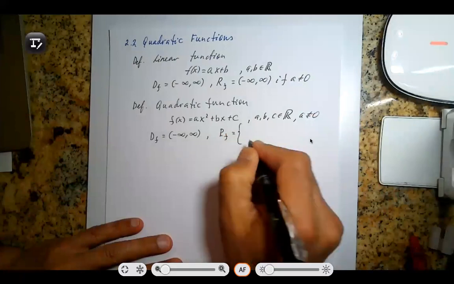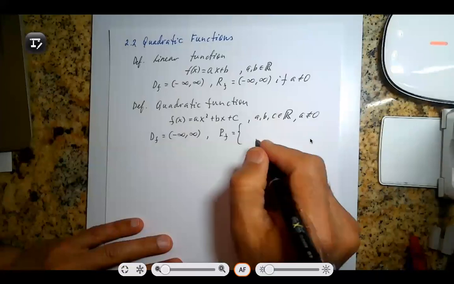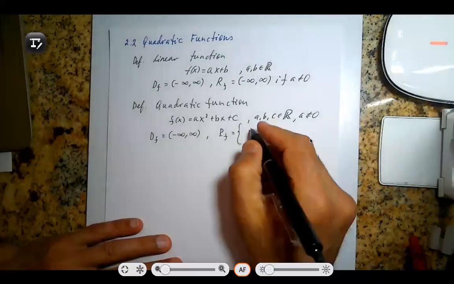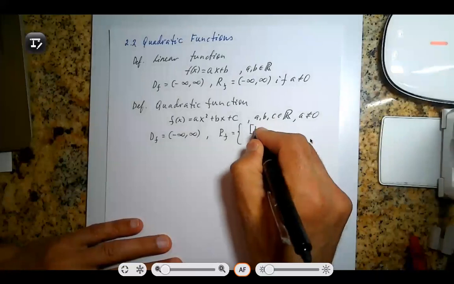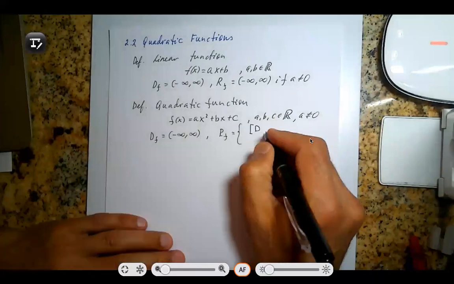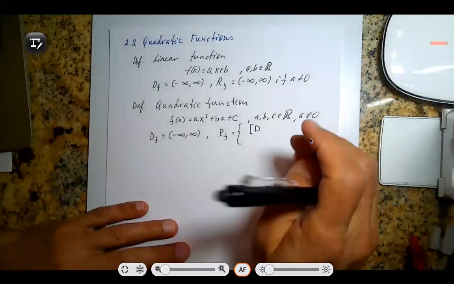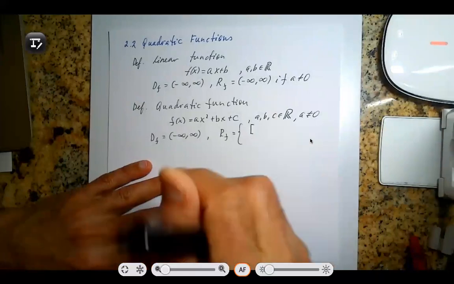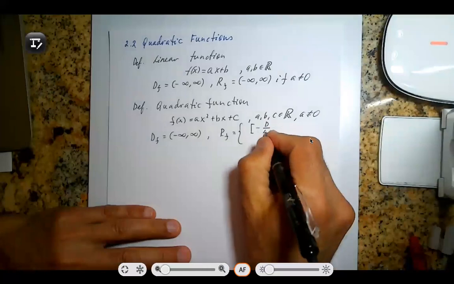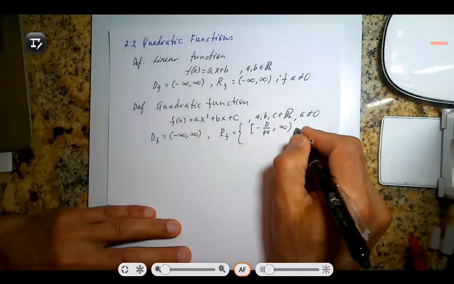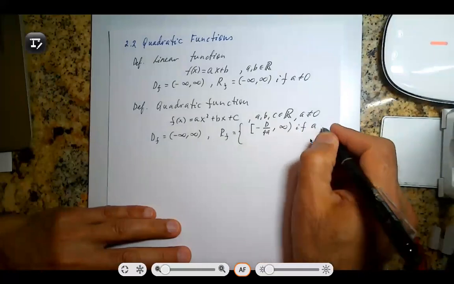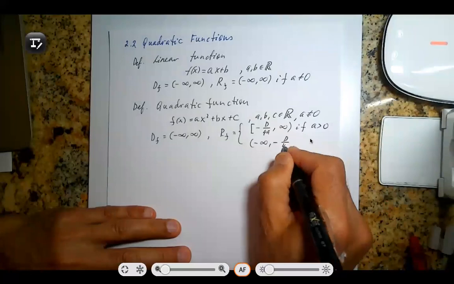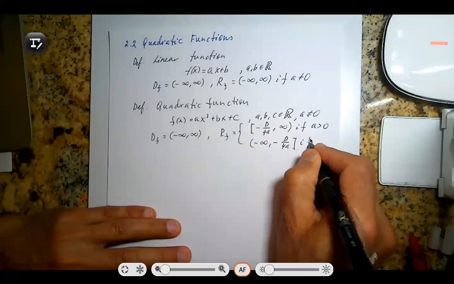Range is, bracket negative d over 4a comma infinity if a is positive, and negative infinity comma negative d over 4a if a is negative.